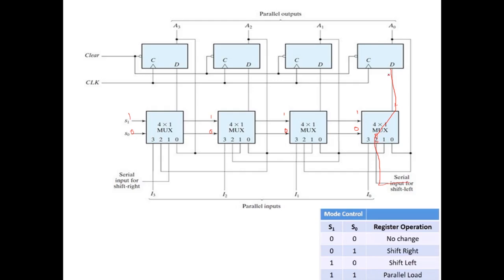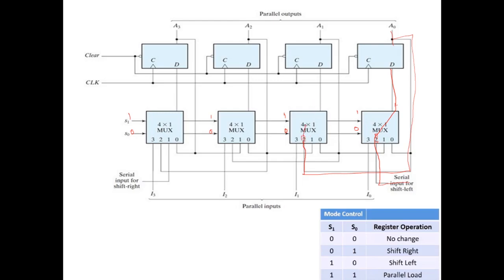The output of this flip flop is connected to the D2 input of the multiplexer, that is, the third input of the 4:1 multiplexer. When the selecting inputs are 1 0, it selects this third input, D2, and it gives the output.